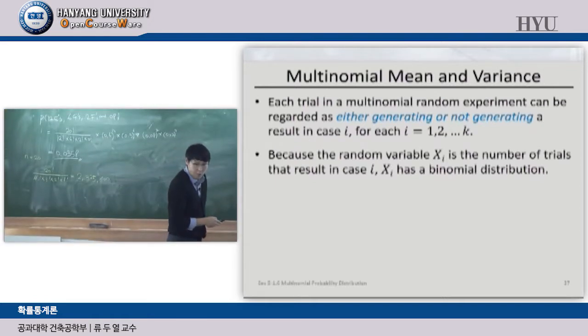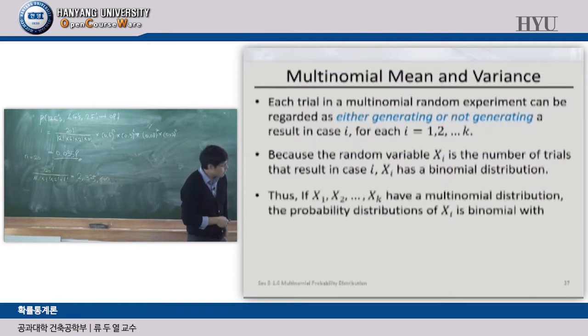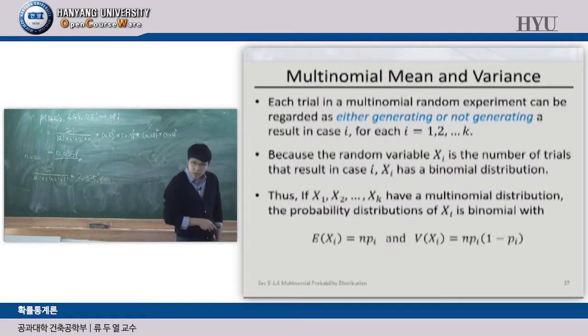Because the random variable xi is the number of trials that result in case i, xi has a binomial distribution. Therefore, if x1, x2, up to xk have a multinomial distribution, then xi is binomial with the following equations.